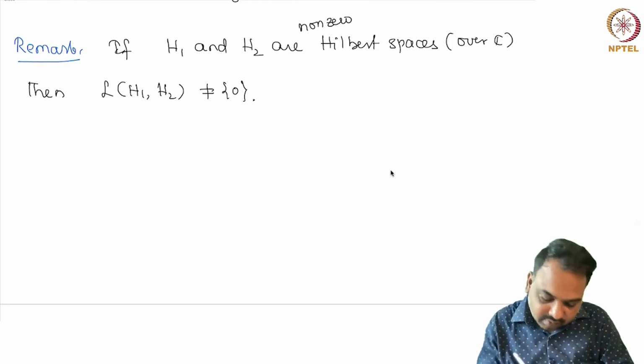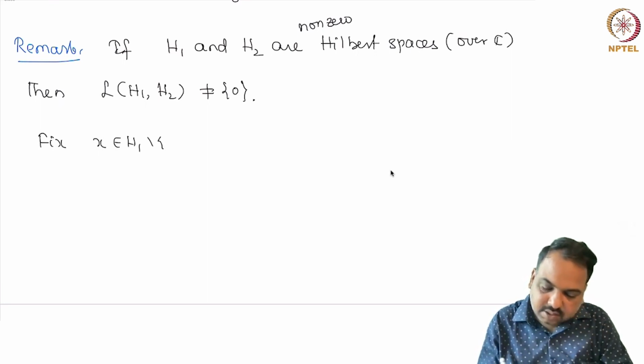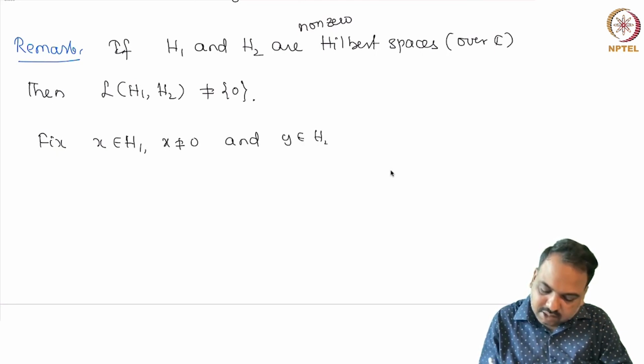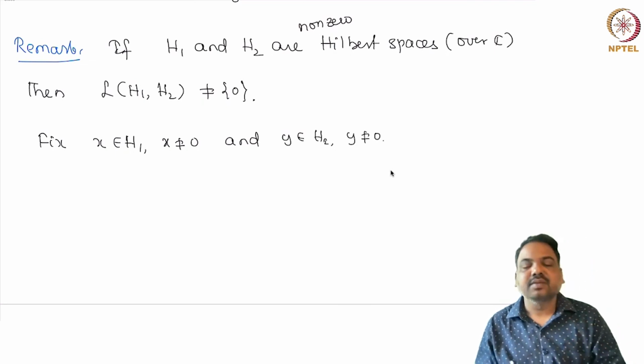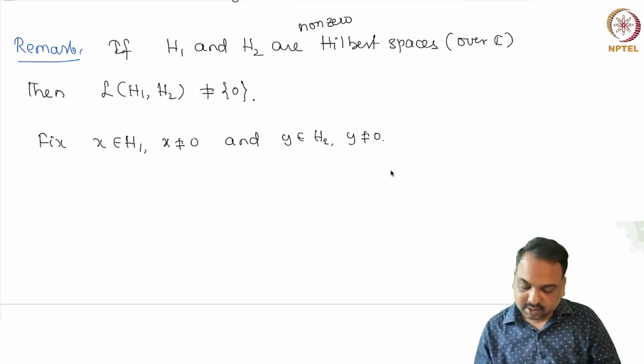Let us fix a non-zero vector x in H1 and y non-zero in H2. We can find a linear map which sends x into y.